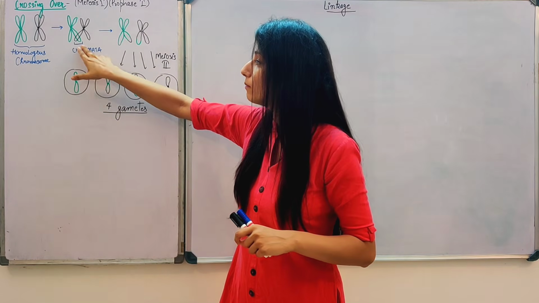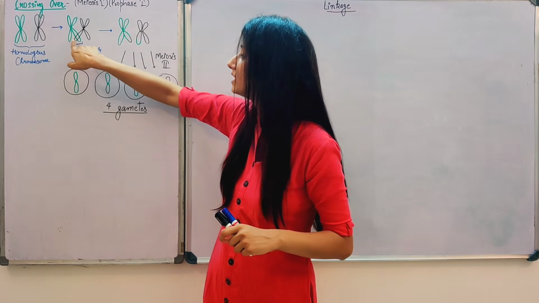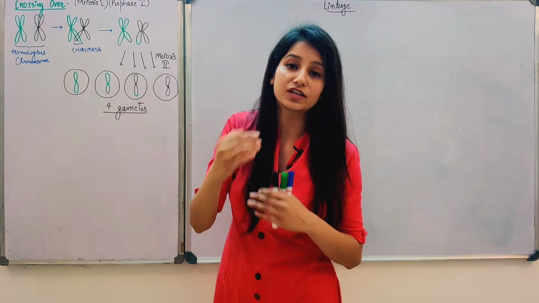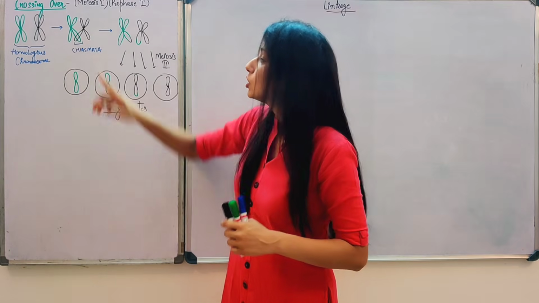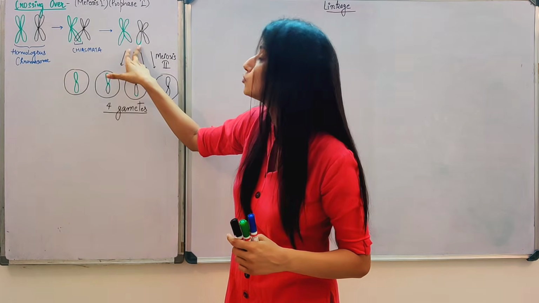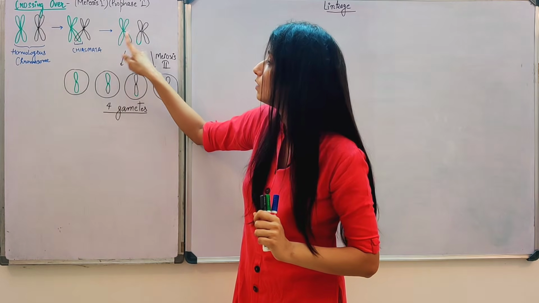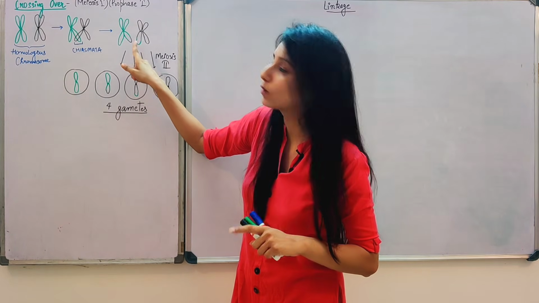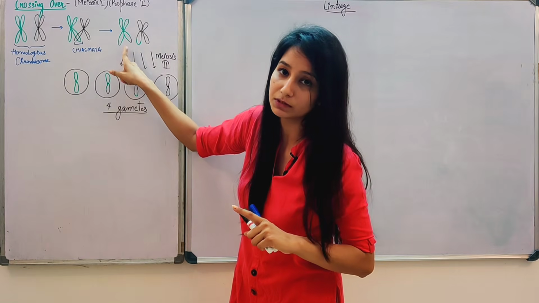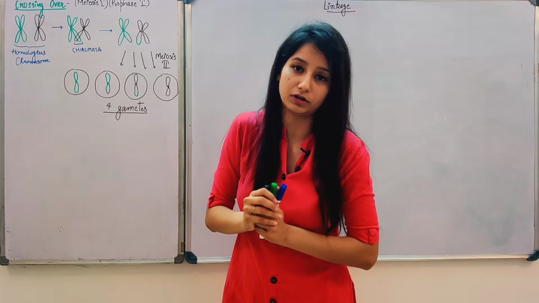There is a bridge formation between these two arms of the homologous chromosomes, and these two arms will now exchange their genetic material. So here now these two homologous chromosomes are separated and these two arms have the genetic material of each other. The green one has the genetic material of the black one and the black one has the genetic material of the green one, some of the genetic material, not the total, just some of the genetic material.